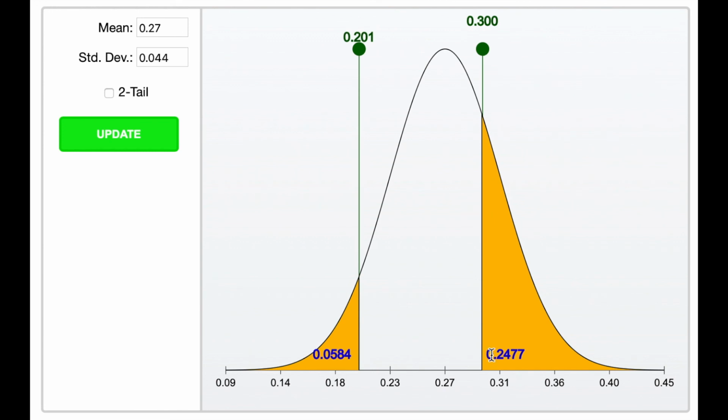And then this represents the probability that I'm going to get a value greater than 0.3, which also represents the area under the curve from 0.3 till the end of the curve. And notice this is the same exact probability that we found when I used the normal CDF function.